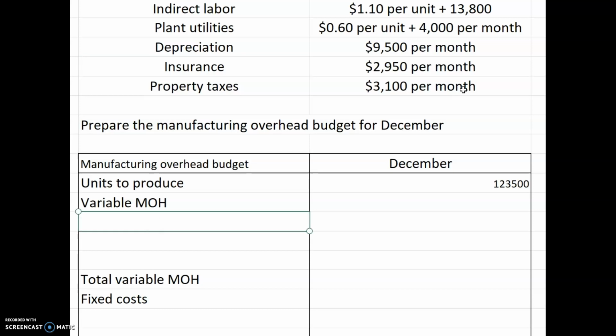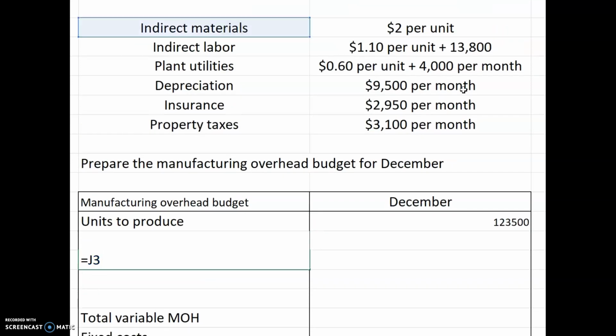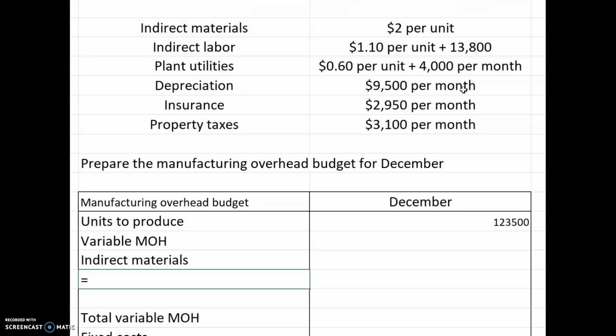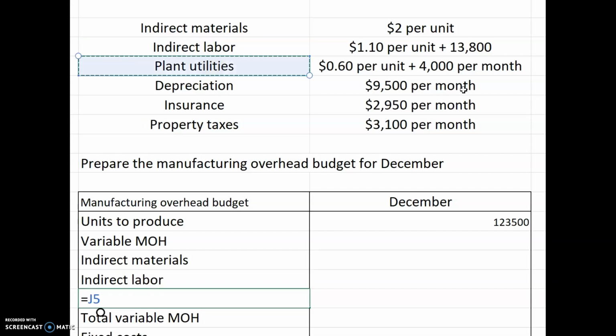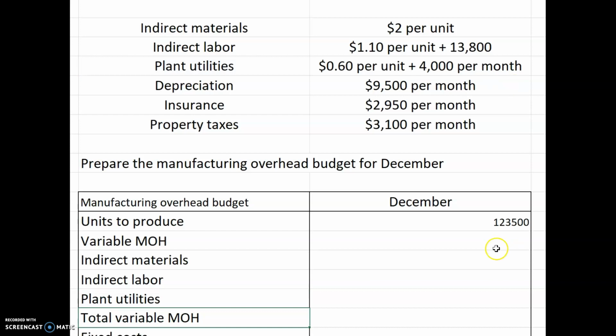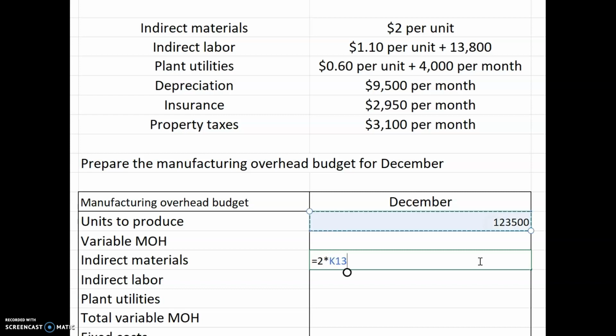So we've got our indirect materials, that's a variable cost. Indirect labor is a variable cost, and our plant utilities. And so for the variable piece of, well, indirect materials is strictly variable. It's $2 per unit. So we're going to take the $2 cost per unit, multiply it by the 123,500 units produced to get our indirect materials cost.